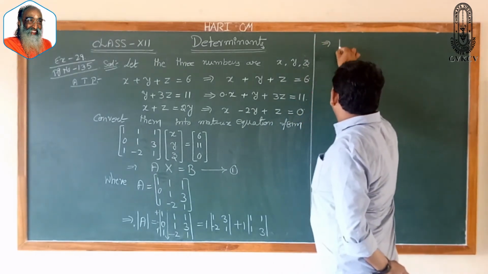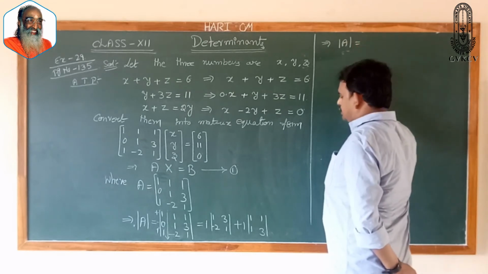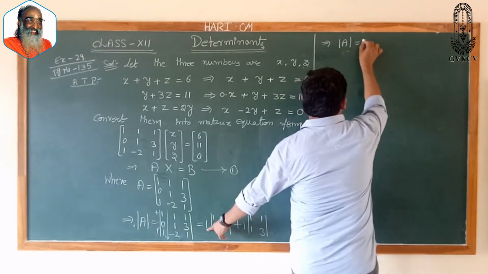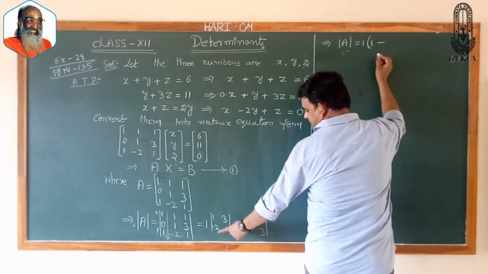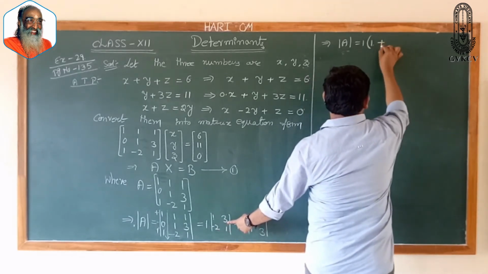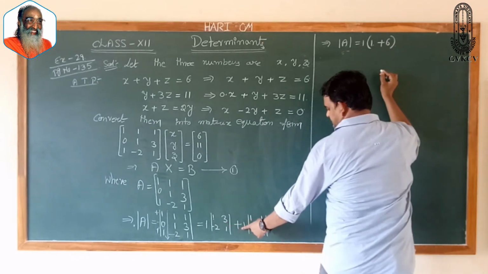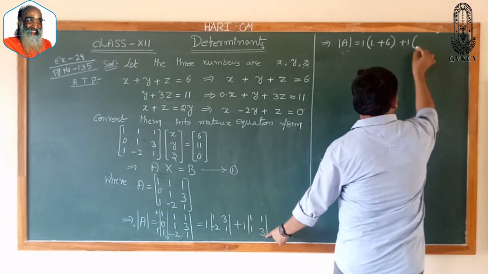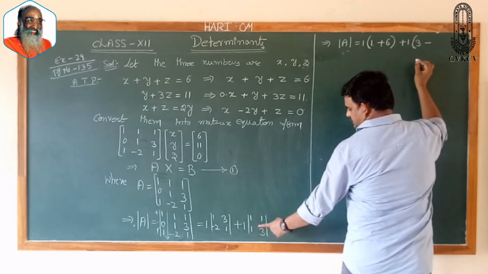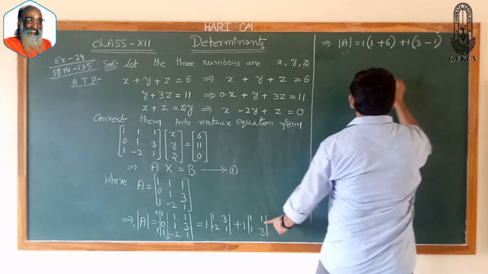So determinant of A is equal to 1 into 1, ones are 1, minus 2 into 3 is minus 6, so minus of minus is plus 6, plus 1 into 1 times 3 is 3 minus 1 times 1 is 1.